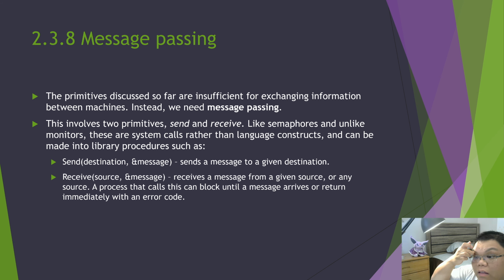We need two functions for this: send and receive. These are system calls, and we can turn them into library procedures. So send is going to send a message to some process, and receive is going to receive a message from some process.